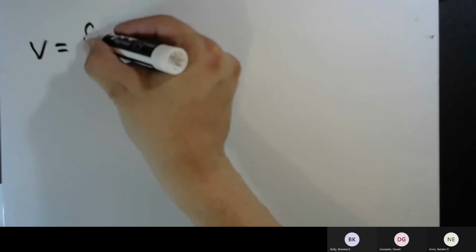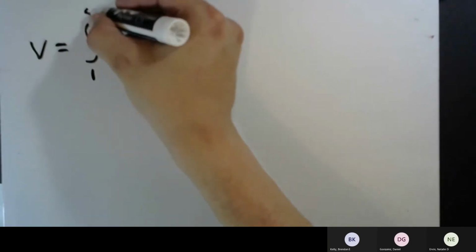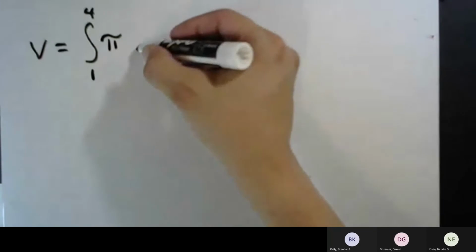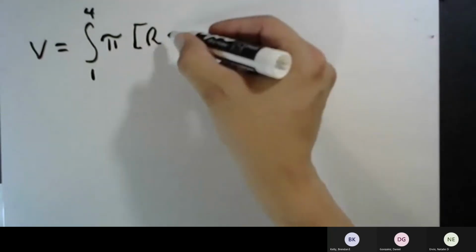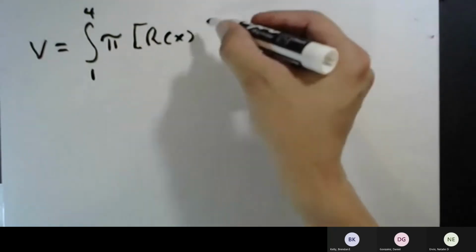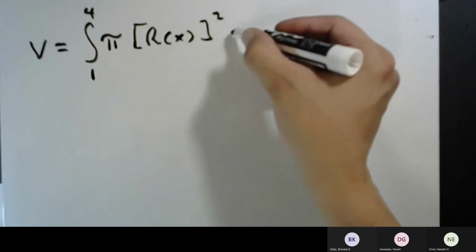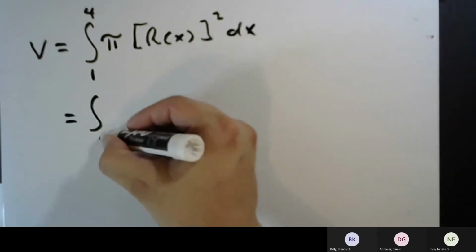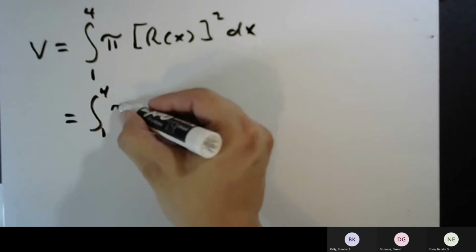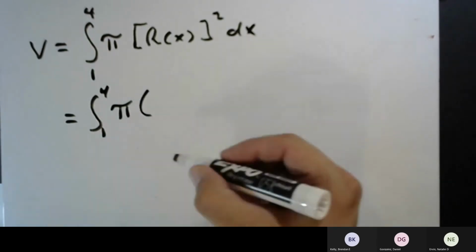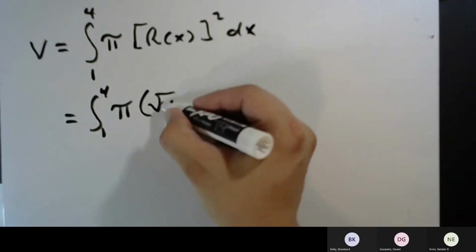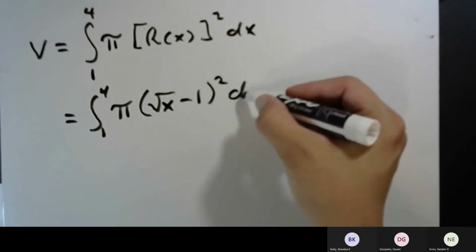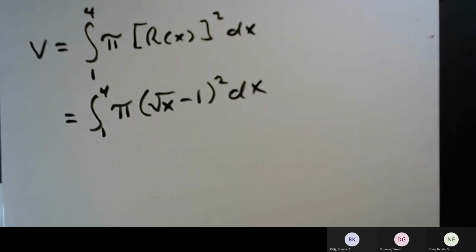So V equals the integral from 1 to 4 of pi, and it's still going to be r of x squared, except this time r of x is square root of x minus 1, squared, dx.